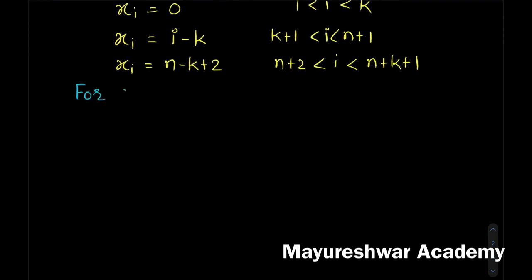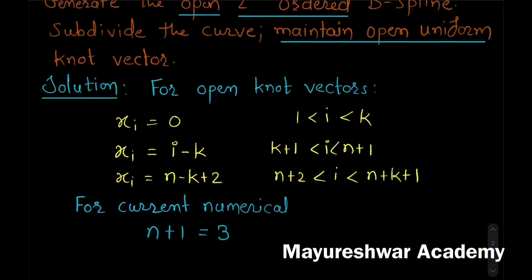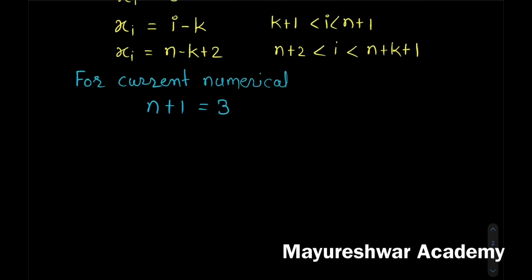For this given numerical, n plus 1 is 3, that is, there are 3 points B1, B2, B3.